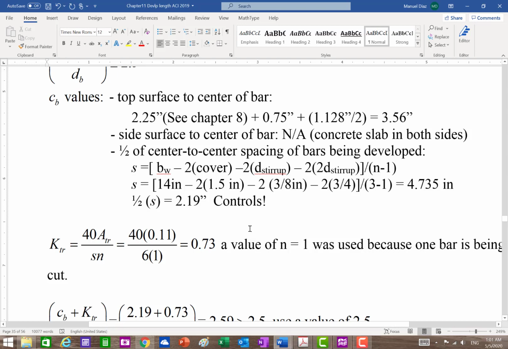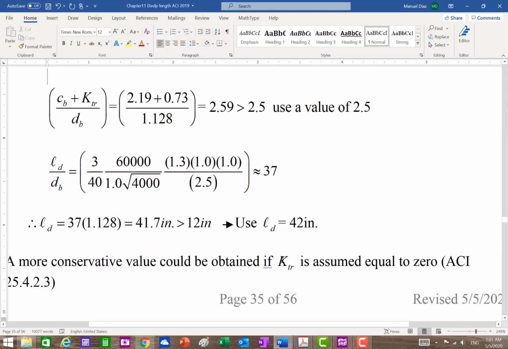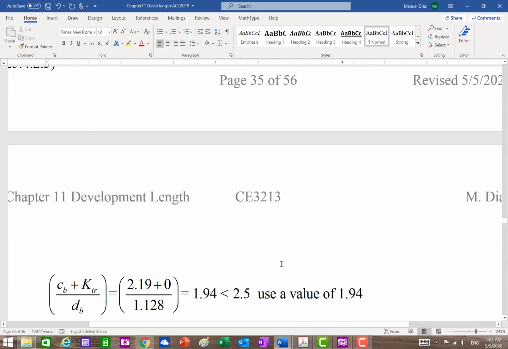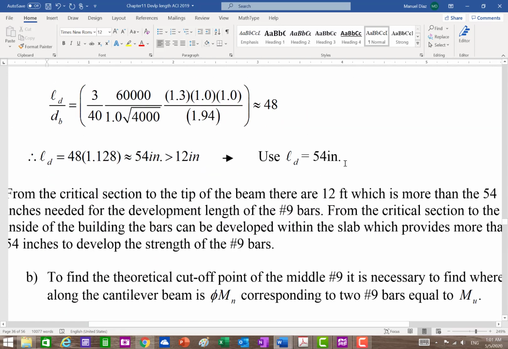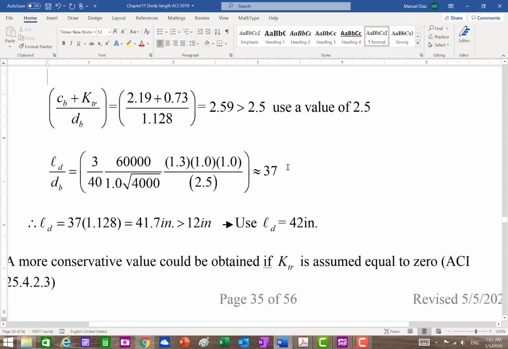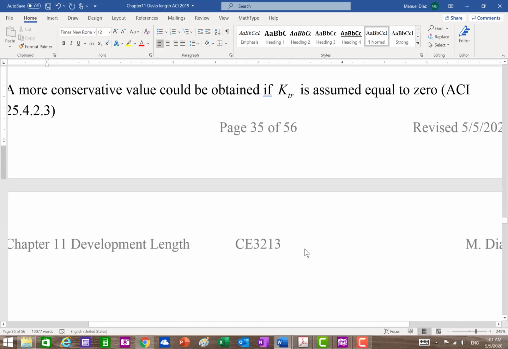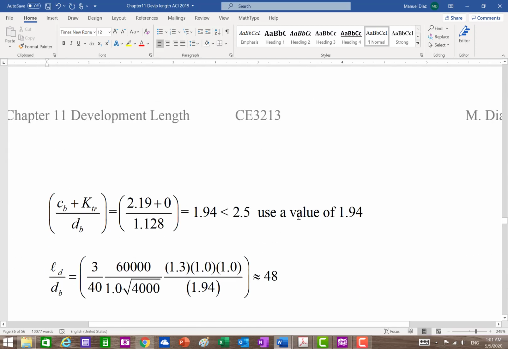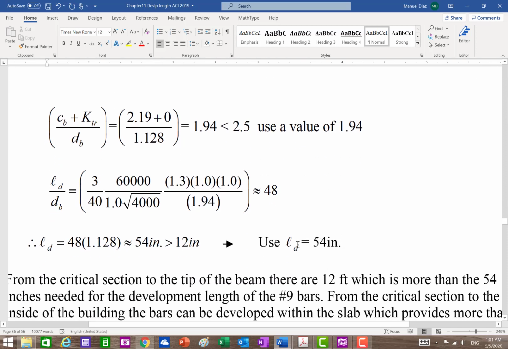Make it simple, because it's conservative. You're getting a longer development length. So you have that option. Either you do this one that requires more calculations because you have to find your KT's bar, or you are conservative, put a 0, and that gives you a longer value.